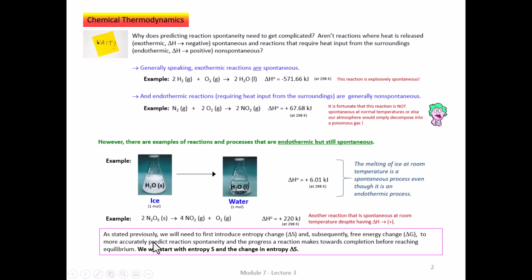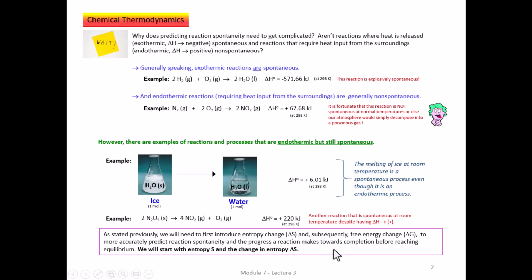So as previously stated, we'll first introduce the concept of entropy change, and then subsequently free energy change, and this will allow us to more accurately predict reaction spontaneity and the progress a reaction makes towards completion before reaching equilibrium.